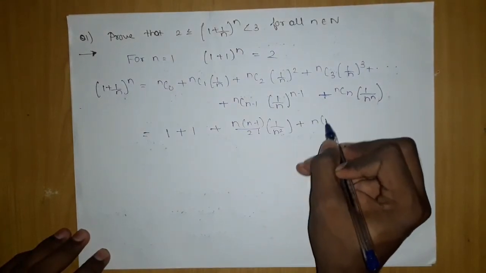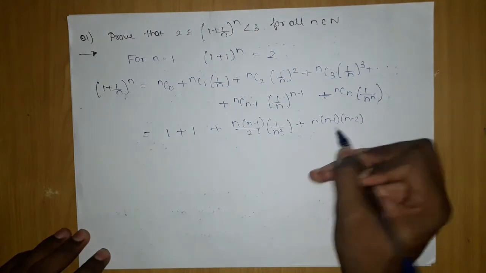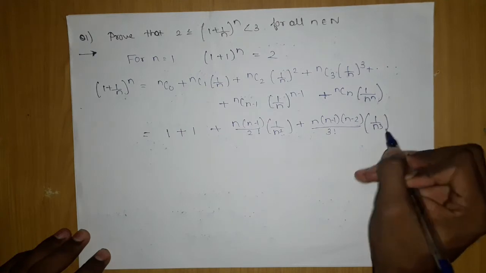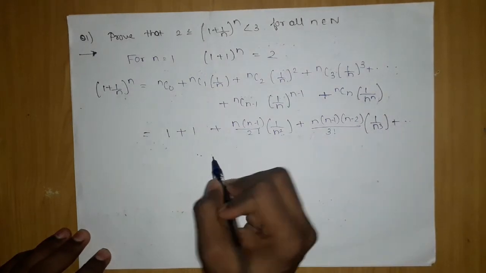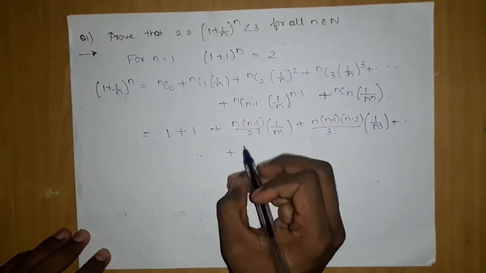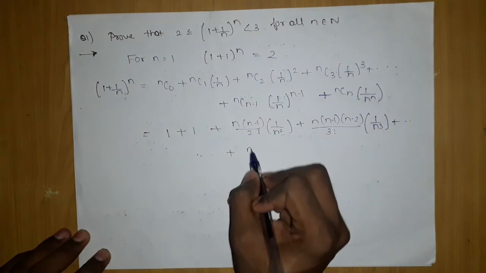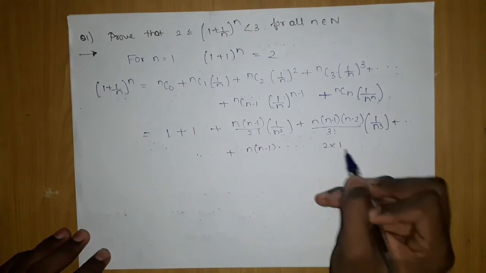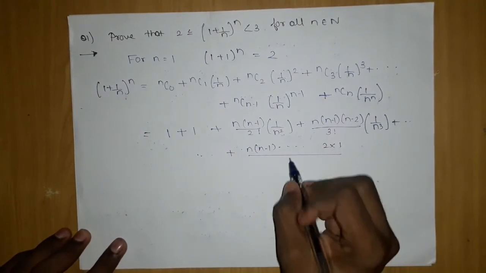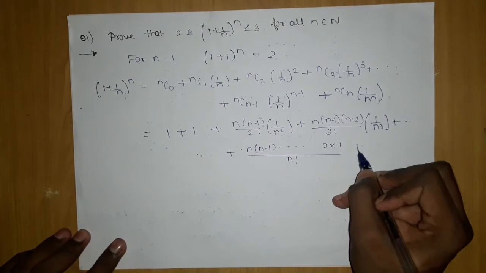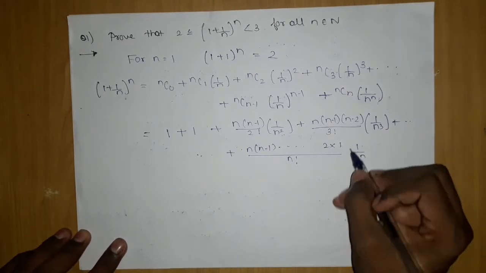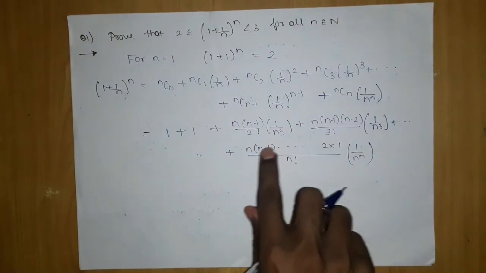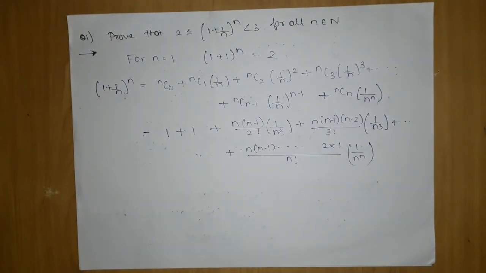Similarly, if we move on, n into (n minus 1) into (n minus 2) upon 3 factorial into 1 by n cube. And if we move on till the end, what we are going to be left with is n into (n minus 1) and so on till 2 into 1, upon n factorial into 1 by n^n. Here one n will cancel out with this, and (n minus 1) by n will be left.